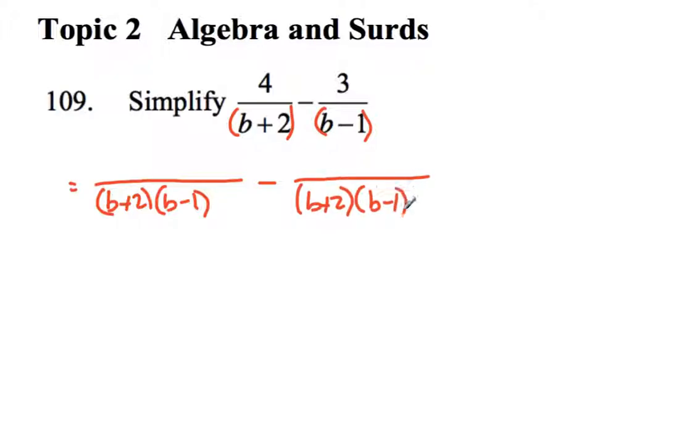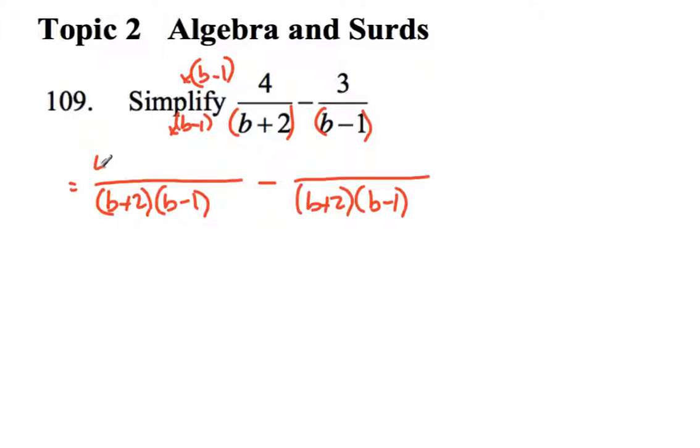Alright, now we ask ourselves, we had a b plus 2 on this first term, and to create that bottom there, we would have had to multiply it by b minus 1 on the bottom. So if we've multiplied this by b minus 1 on the bottom, we need to multiply this top by b minus 1 as well.